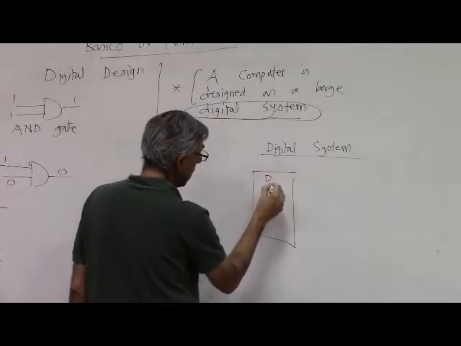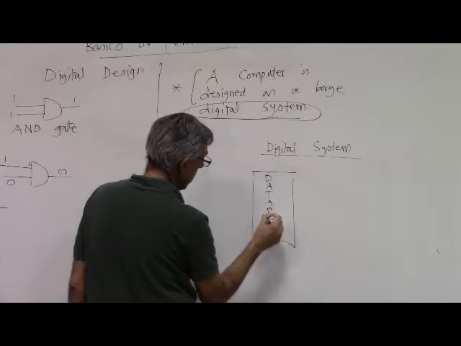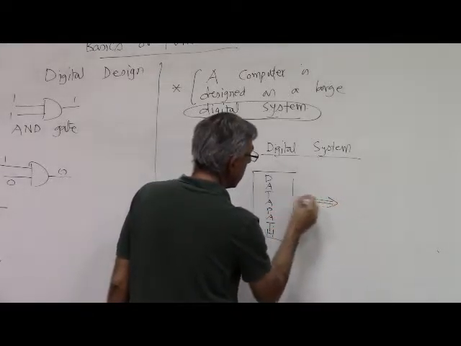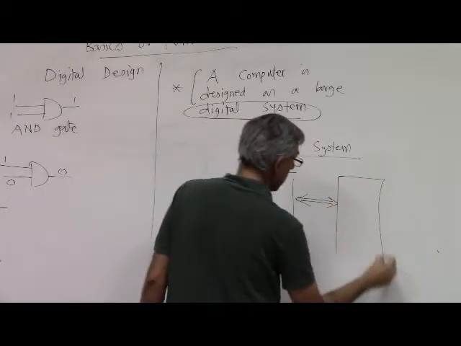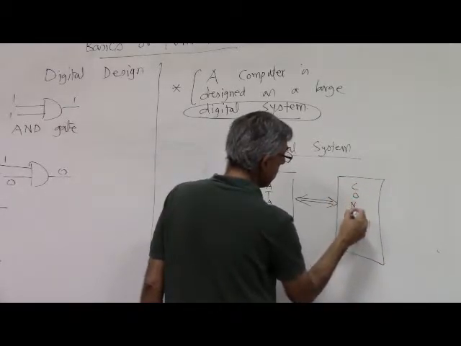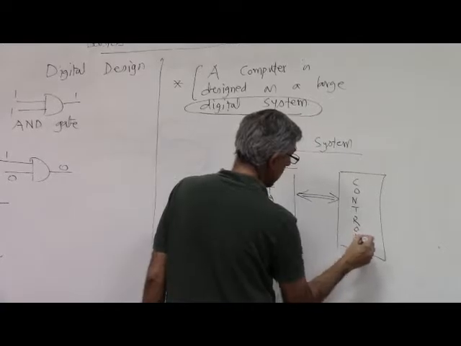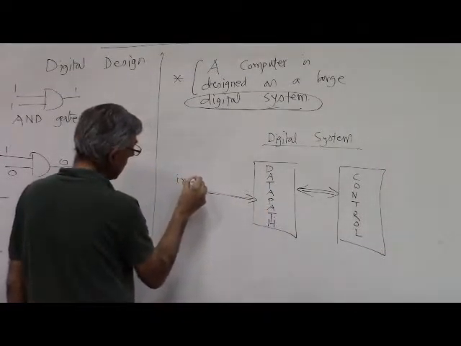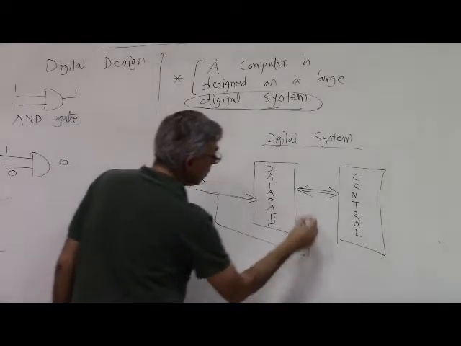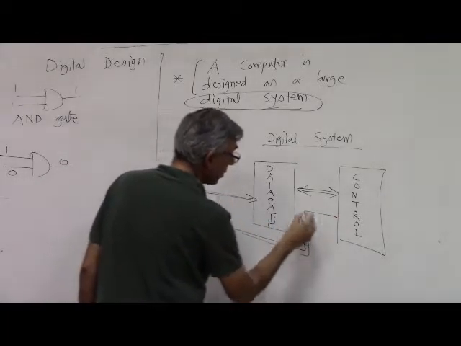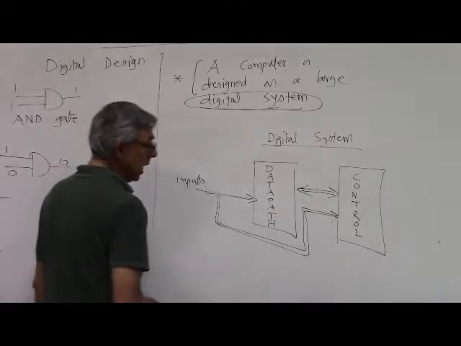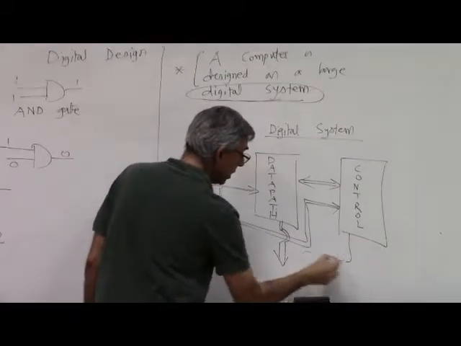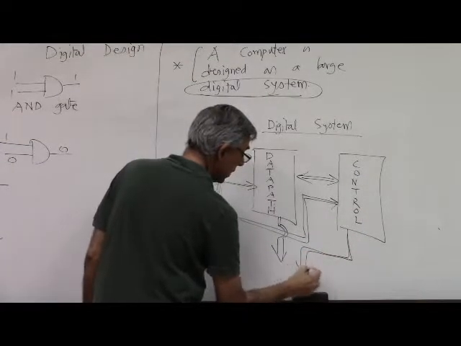One is called a data path, which interacts with what we call a control. And of course, we have some inputs to our system. Some inputs go to the data path, some go to the control. And we have some outputs from our system. Some outputs come from here, some outputs come from here.